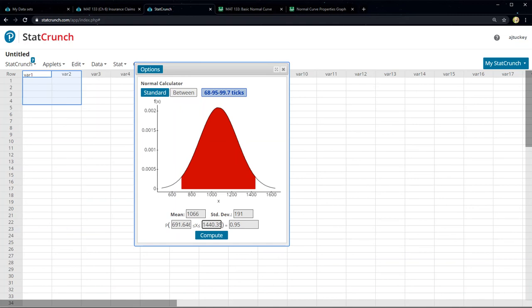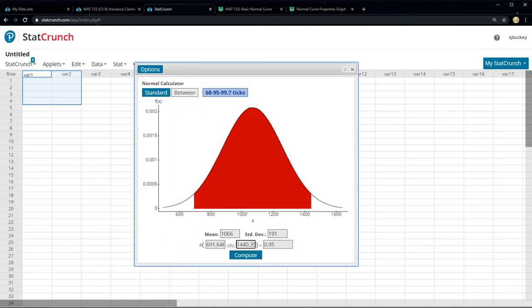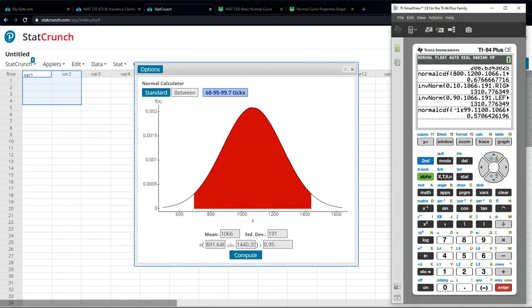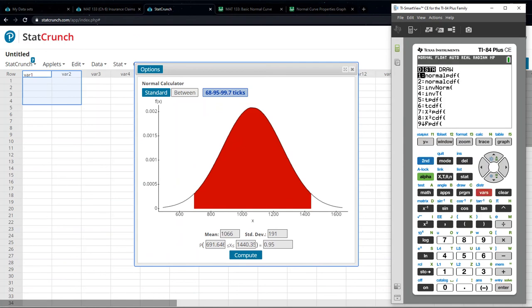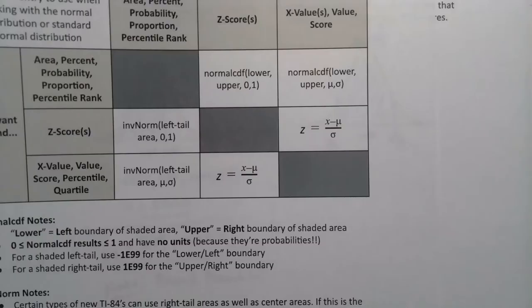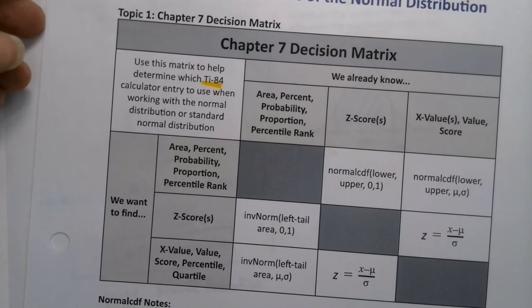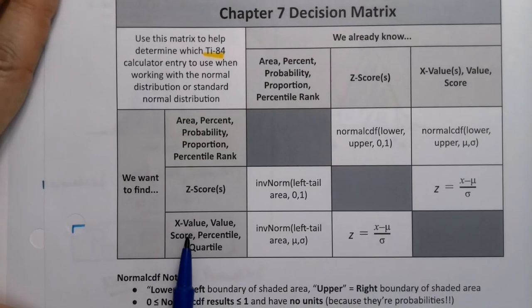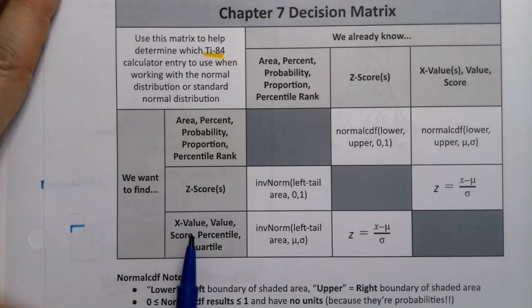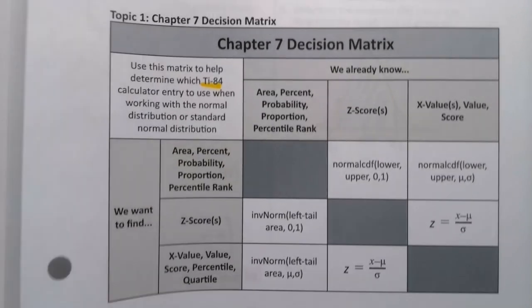All right, now, what if I have a calculator instead? Well, let's see. First let me go grab the decision matrix. I'm looking for an X value. I'm looking for a score on this exam. So it's going to be inverse norm.